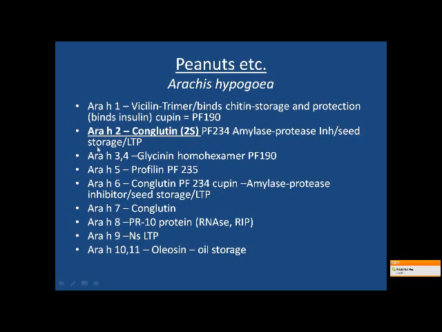Ara h 2 is a conglutin, but also Ara h 6 is a conglutin from the same family, and they're both amylase protease inhibitor seed storage lipid transfer proteins. In other words, they have multiple functions besides just being a source of nutrients for the new-growing plant.